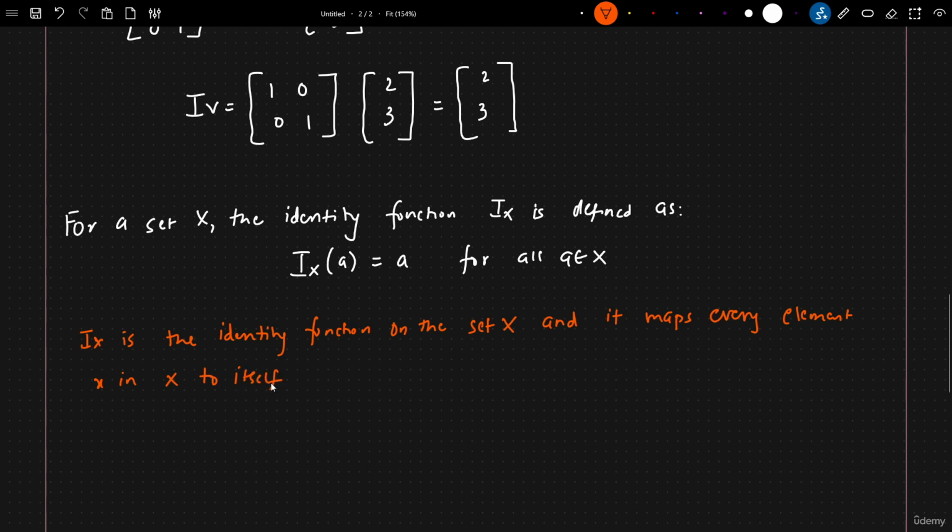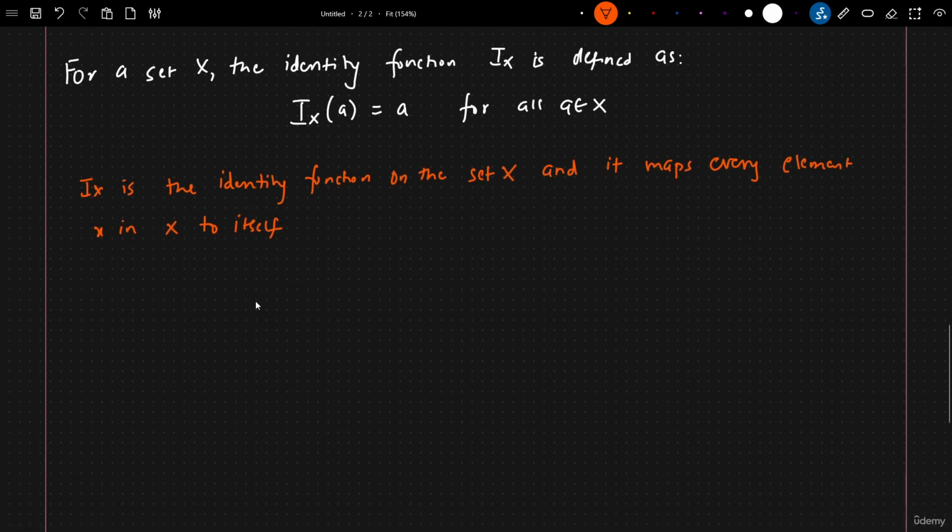Now what does this basically mean? Let's say this is my space or my set, and I have an element A over here, and this set is nothing but X, and A belongs to X, right? When I apply an identity function, in short, I'm going to get the same value, the same value after we apply an identity function.